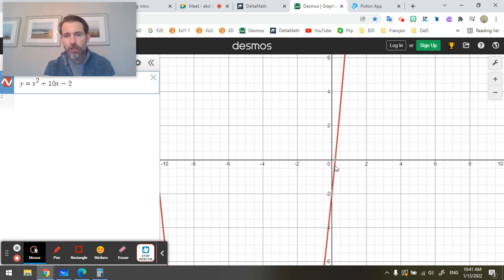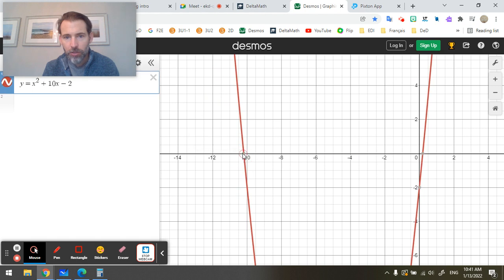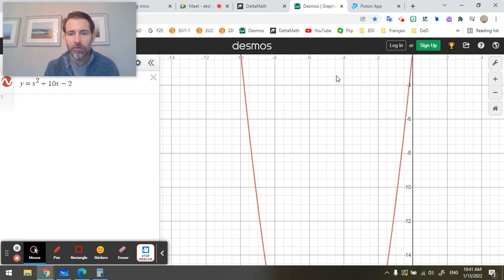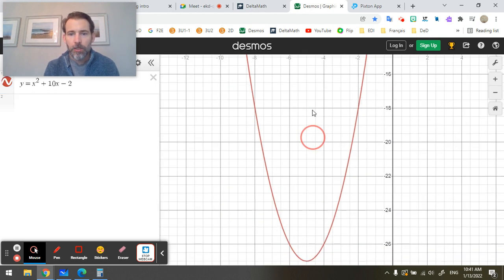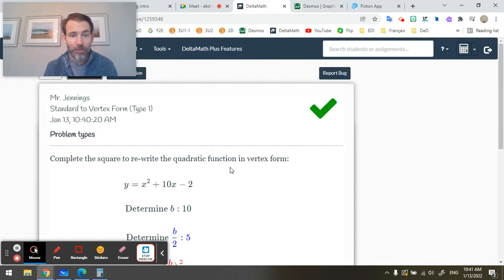We'll see this one won't have nice roots. See, it's got a root there, which is radical. And then it's got a vertex well down here. We know that the vertex is here at minus 5, and the value is minus 27. So that's the vertex.